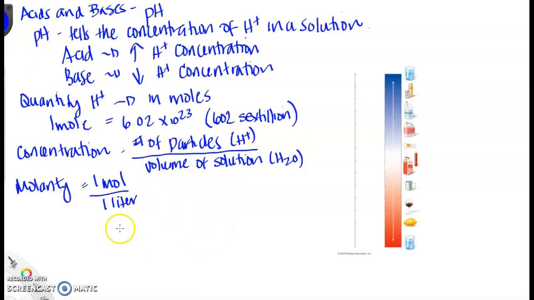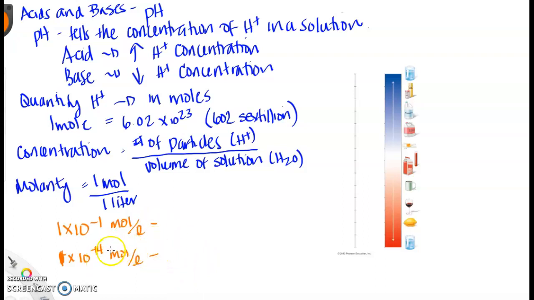So if I give you these two numbers here, if I give you the number 1 times 10 to the negative 1 mole of hydrogen per liter, and I give you the number 1 times 10 to the negative 14 moles of hydrogen per liter, which number is bigger?